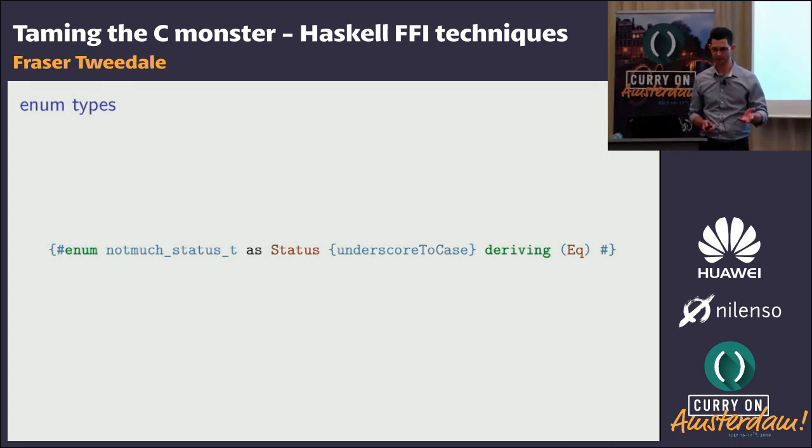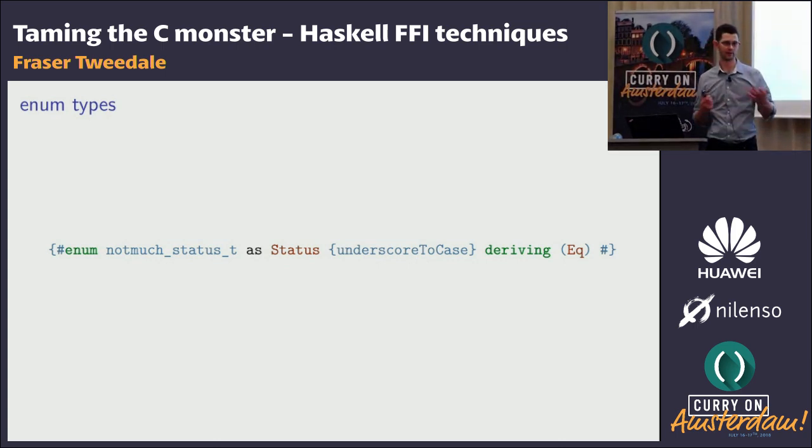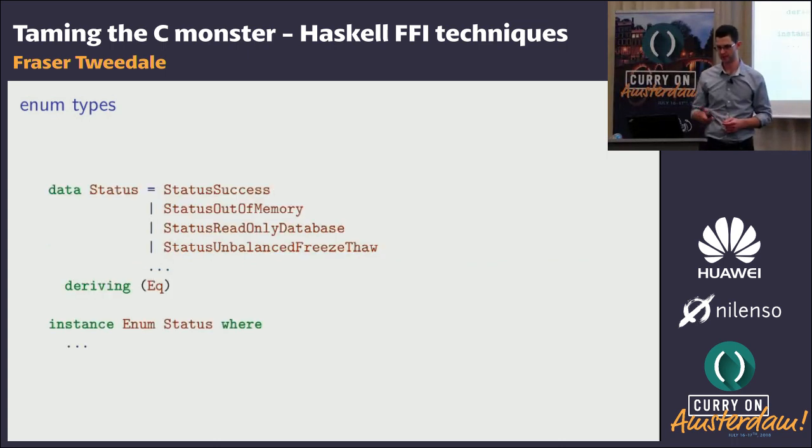We give it a name, Status, that we want the type to be called in our Haskell implementation. A small directive to tell C2HS how it should translate the names of the different members of that enum, and a deriving clause. So we say we would like an Eq instance for the Haskell data type.